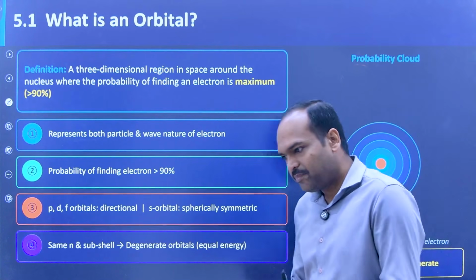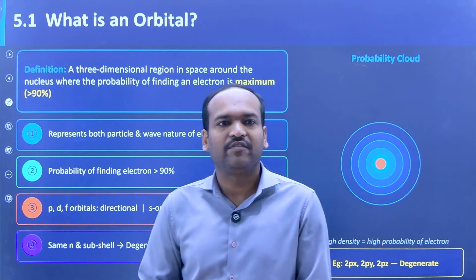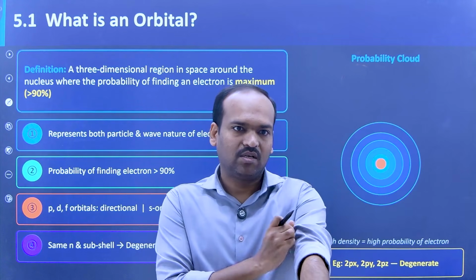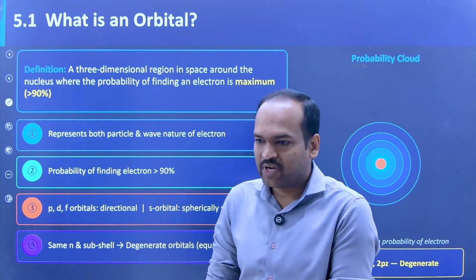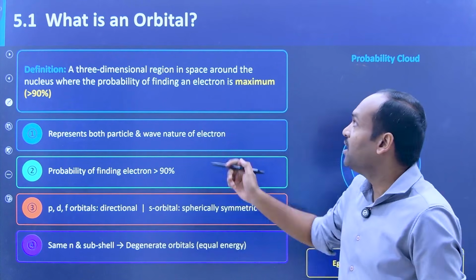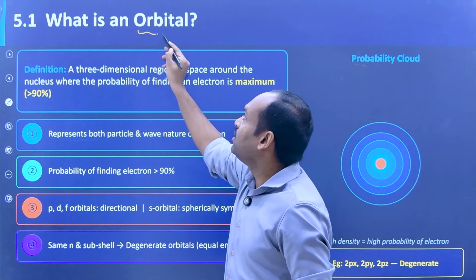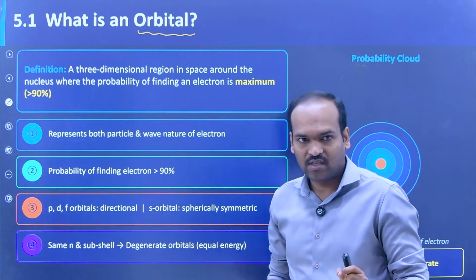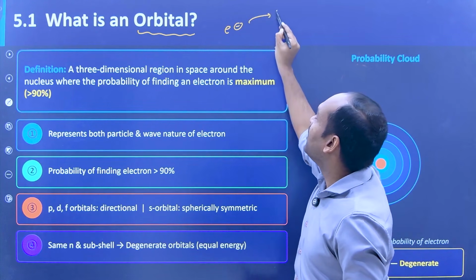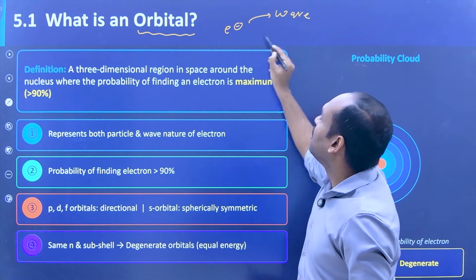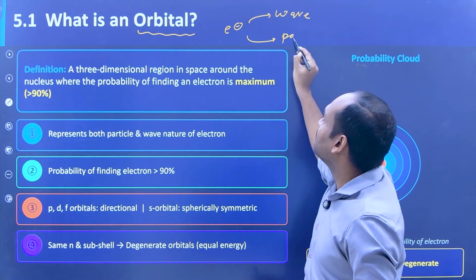Now beta, the orbit concept was given by Bohr, but the wave mechanical model says that the electron has dual nature. Dual nature means it has wave nature and particle nature.